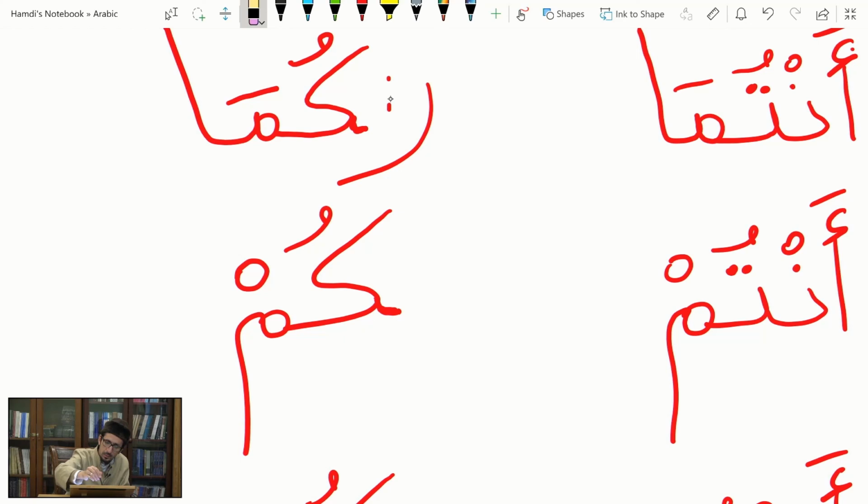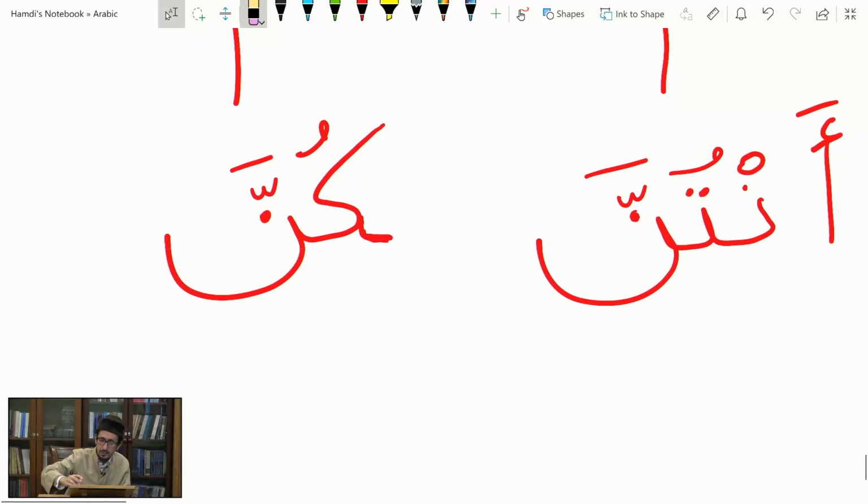So attached doesn't mean connected. It's attached to the word, doesn't mean necessarily connected to the letter. If the letter is a disconnector, you can attach, but you cannot connect.